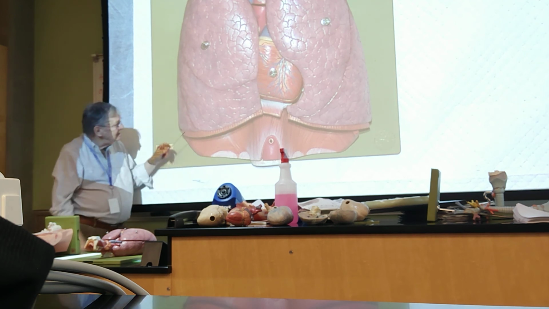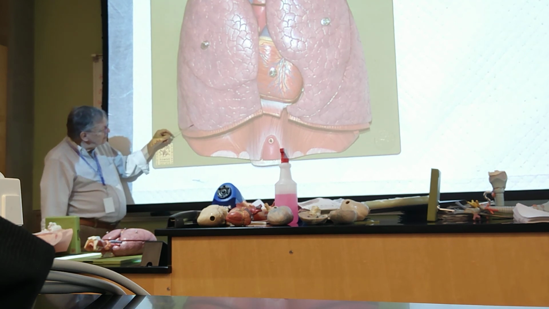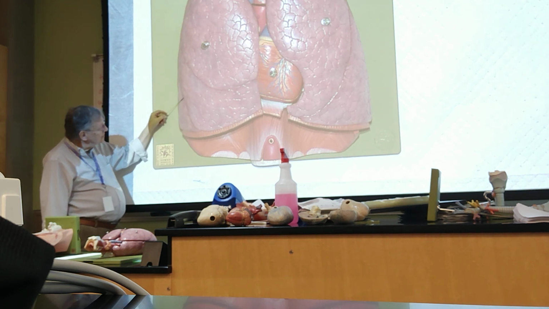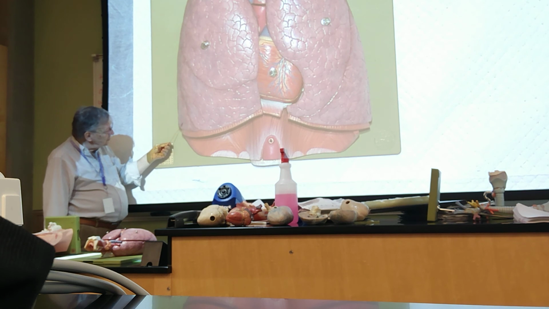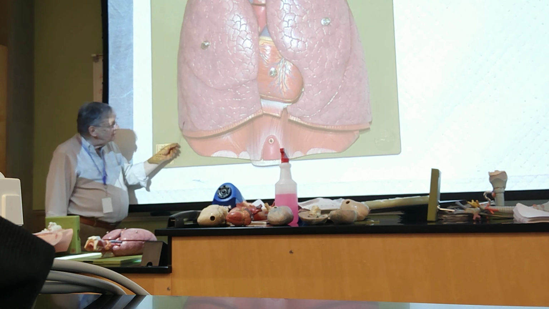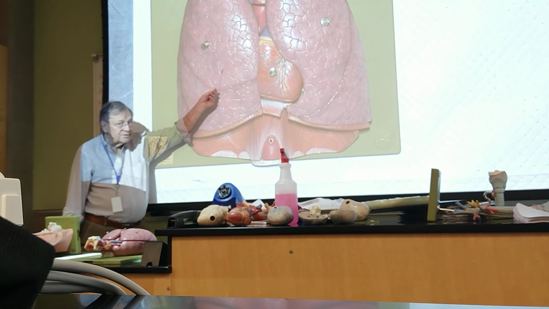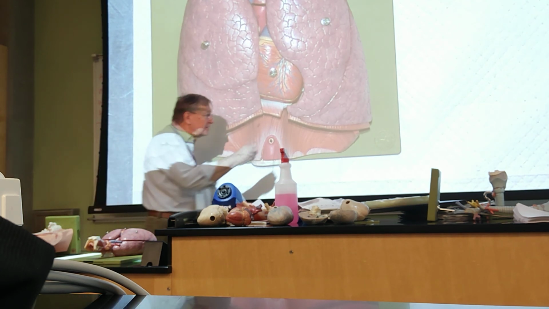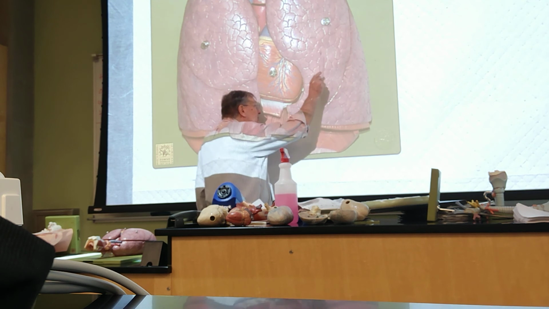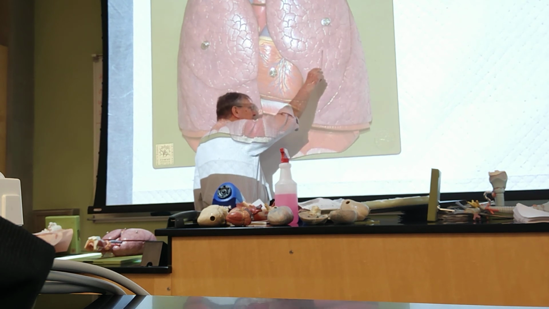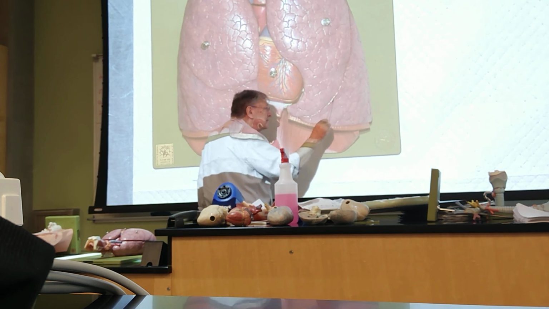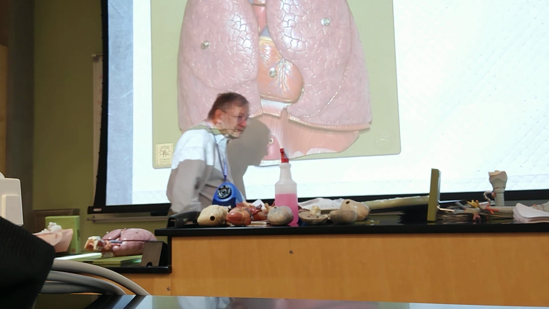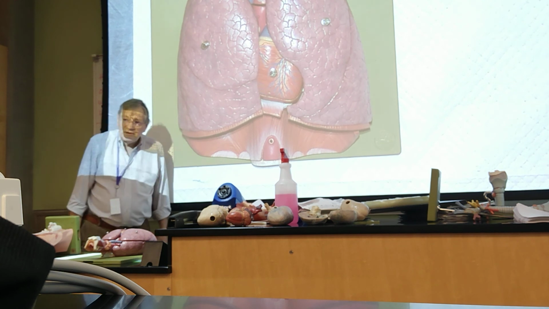And not sure how well you can see, but here's another groove right along there. And so this is inferior lobe. Inferior, middle, superior, right lung. The left lung only has 2 lobes. Superior, here's the groove, and this one is inferior. There's no middle in your left lung.